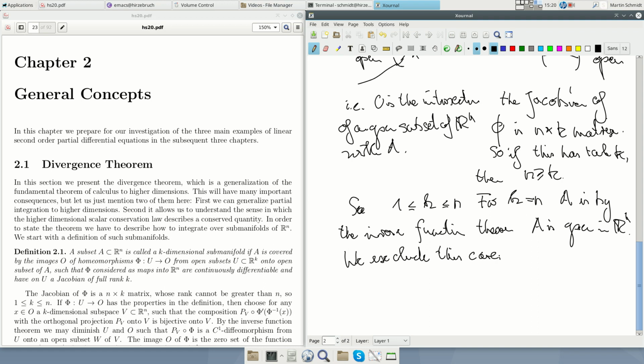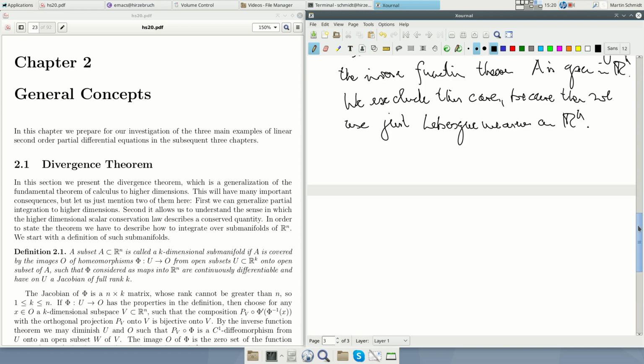Because in this situation we just use Lebesgue measure on Rn to integrate.